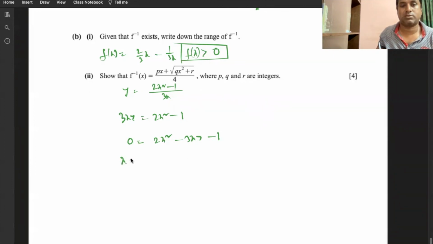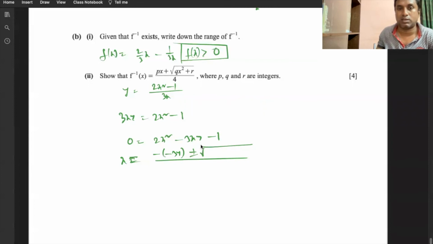So x equals minus b, I mean 3y, plus or minus the root of (3y)² minus 4 times a times minus 1, divided by 2 times 2.